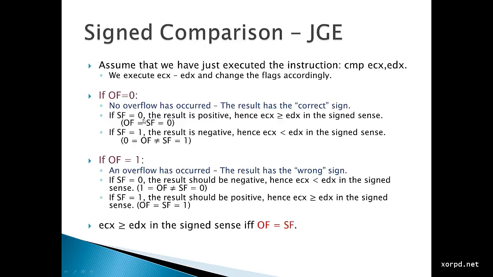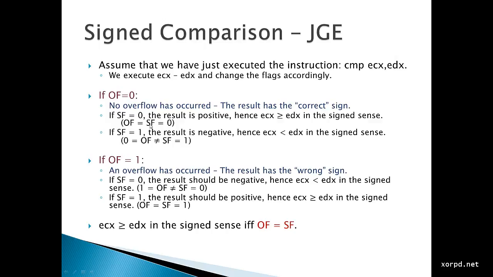If the sign flag is 0, the result is positive. Hence, ECX is greater or equal than EDX in the sign sense. If the result of this subtraction is positive, we are going to get that ECX is greater or equal than EDX. I remind you that in this case, the overflow flag is 0 and also the sign flag is 0.